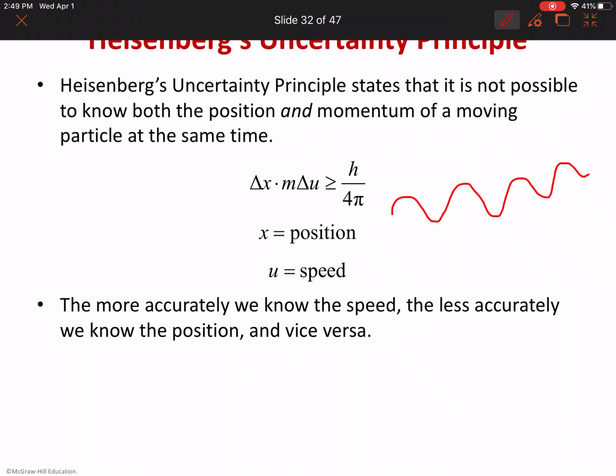And at the same time, if you want to find out the momentum of a moving particle, it has to keep moving. Right? We can find only one thing certainly or accurately, meaning the more accurately we know the speed, the less accurately we know the position, and vice versa. So the Heisenberg uncertainty principle is that it's not possible to know both the position and momentum of a moving particle at the same time.